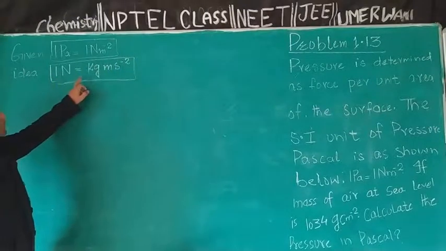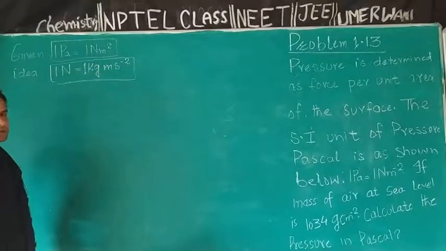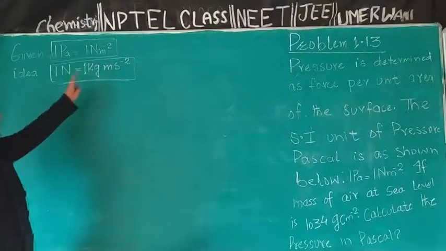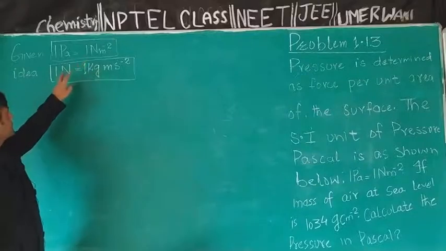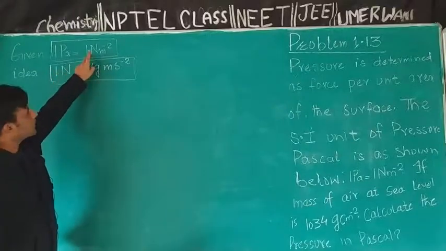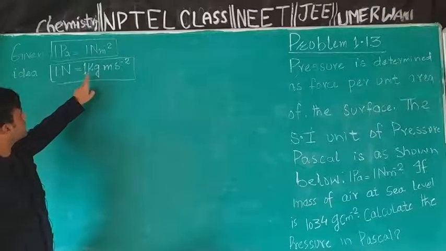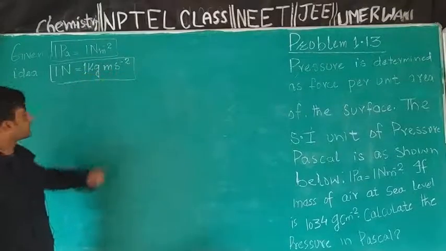One Newton is equal to 1 kg meter per second square. I will now express 1 Newton in terms of kilogram meter per second square.